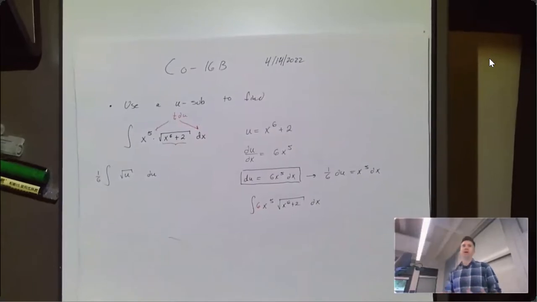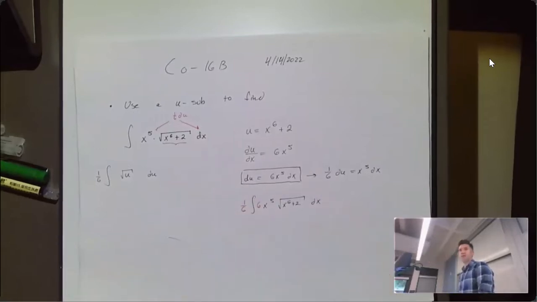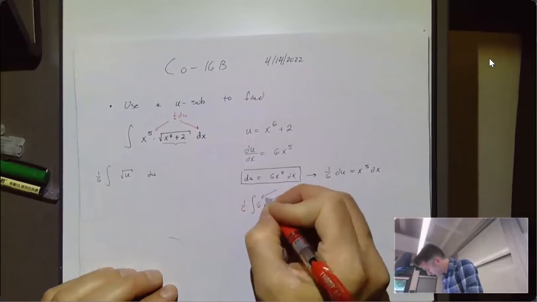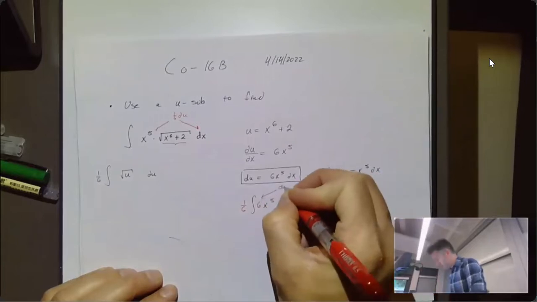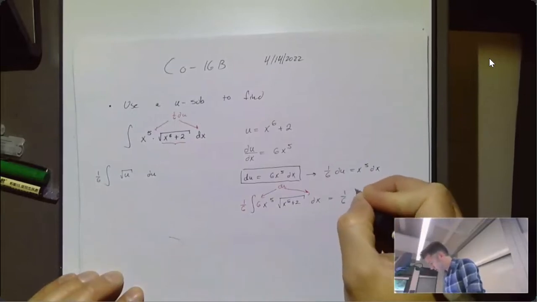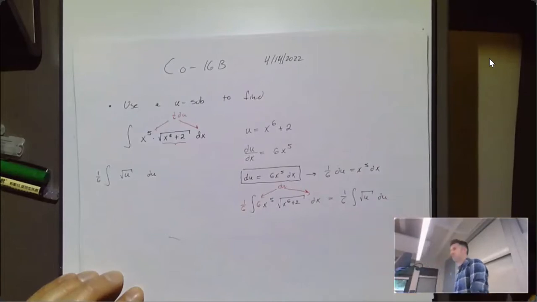What else do I have to multiply by? To balance it out. But this is exactly the same thing, right? Now my 6x to the 5th times dx is my du, and I'm going to have this equal to 1/6 the integral of the square root of u times du. Same thing.